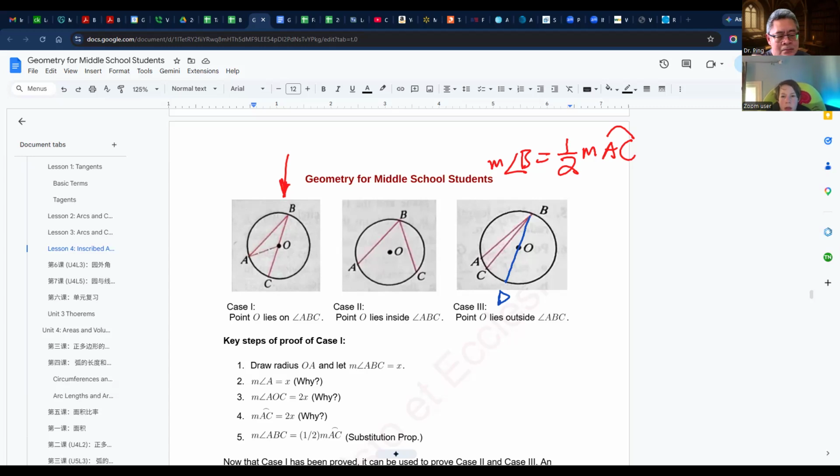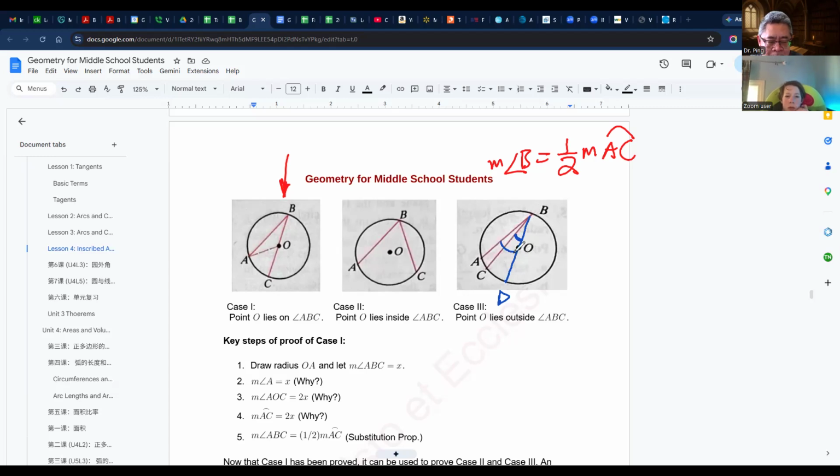Is it because the O falls outside of the angle, so CBD overlaps into ABC? CBD is this angle. And you can see that ABD is this angle.